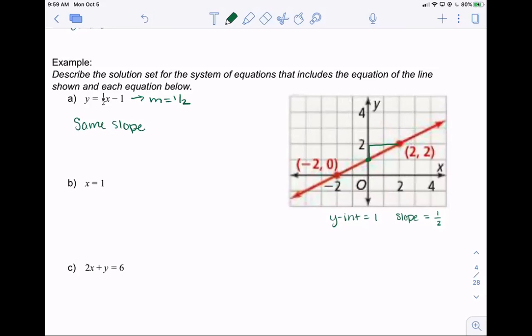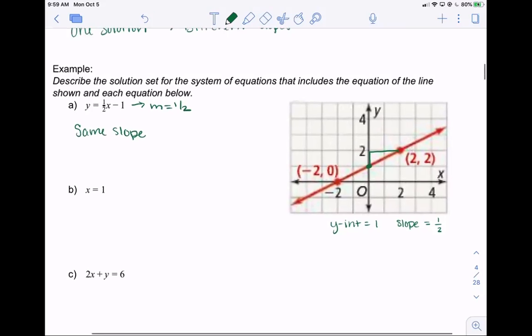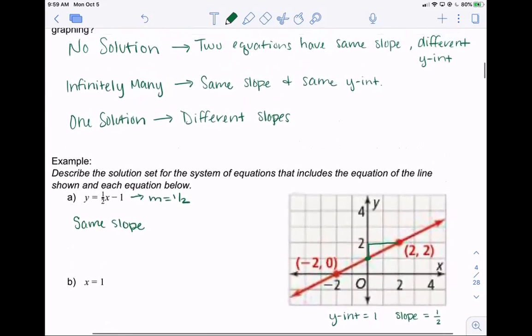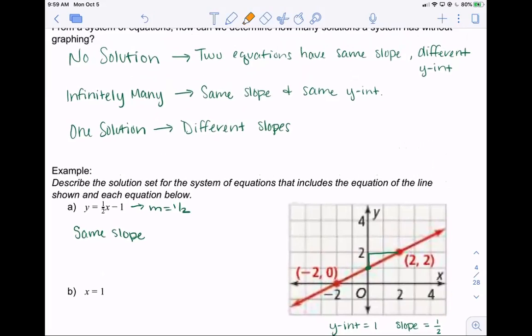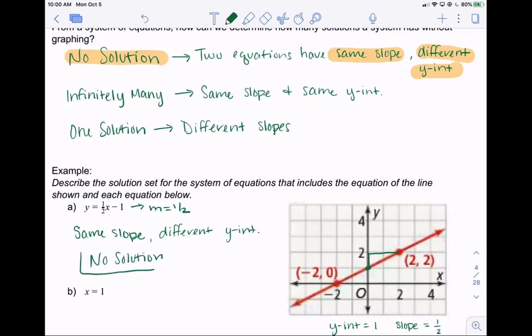So the two lines are parallel, which means we have no solutions. Remember, same slope, different y-intercepts means no solution.